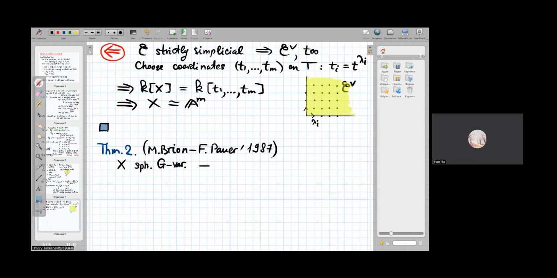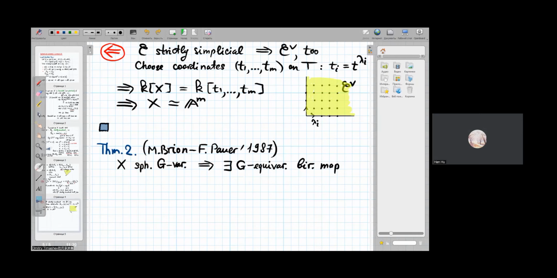there exists a G-equivariant proper birational map onto X. It is important that this map is proper.